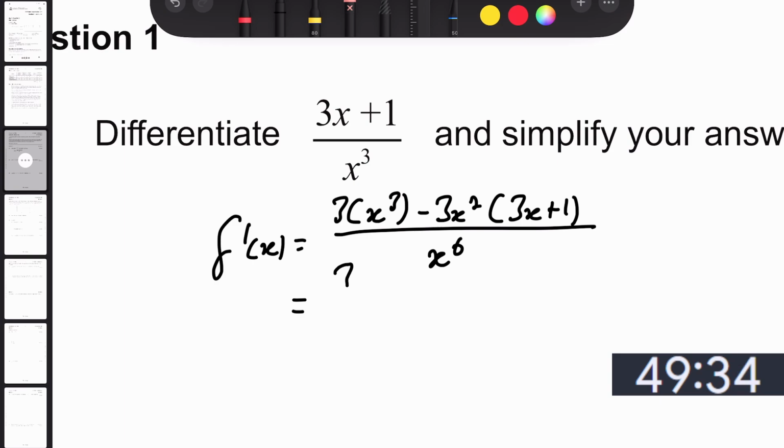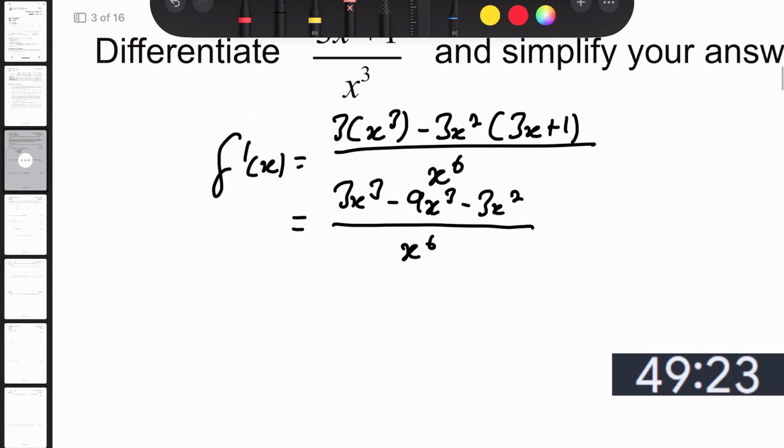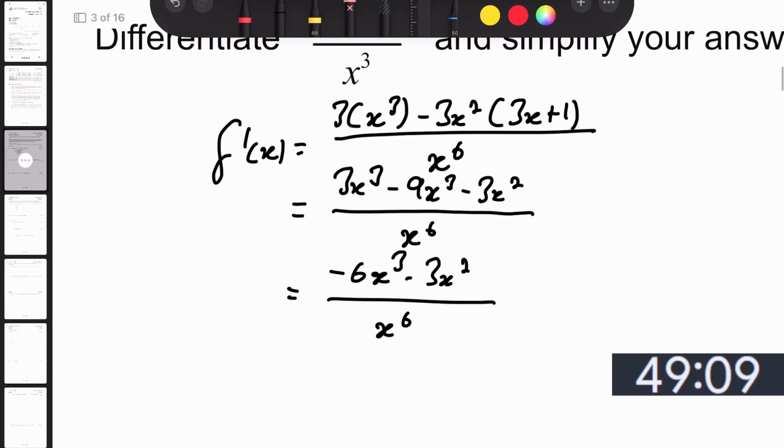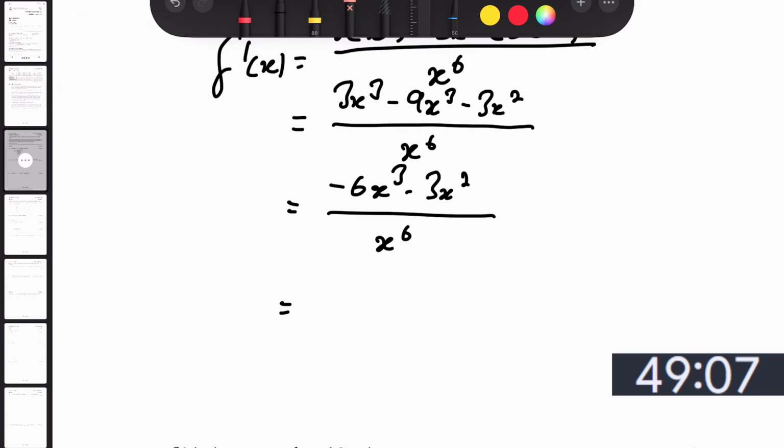If we expand this out, we get 3x to the power of 3 minus 9x to the power of 3 minus 3x squared all over x to the power of 6. We can simplify this to minus 6x to the power of 3 minus 3x squared on x to the power of 6, and we can cancel out this x squared term, so minus 6x minus 3x to the power of 4.